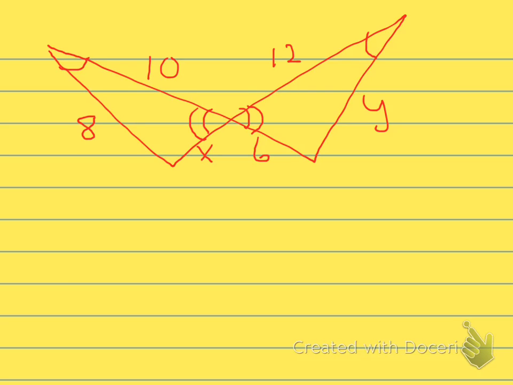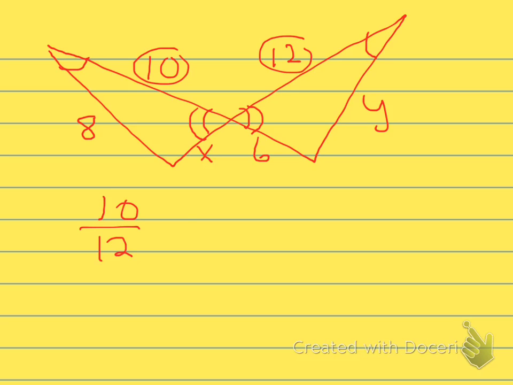That means we can form ratios of corresponding sides. Now the sides that correspond will be the sides that are between the same sets of angles. For instance, 10 over 12 would be a pair of corresponding sides because they are between the angles with 1 and 2 marks on them.